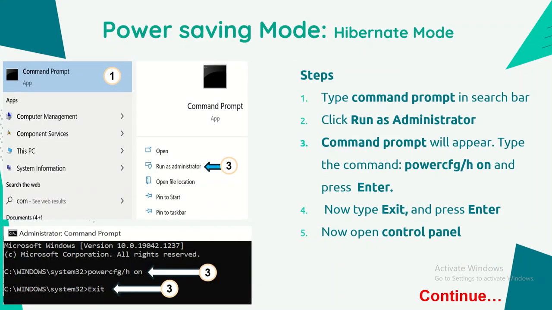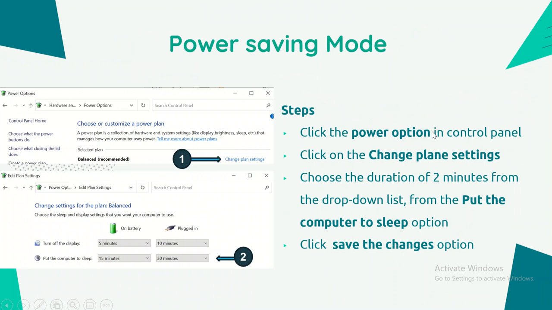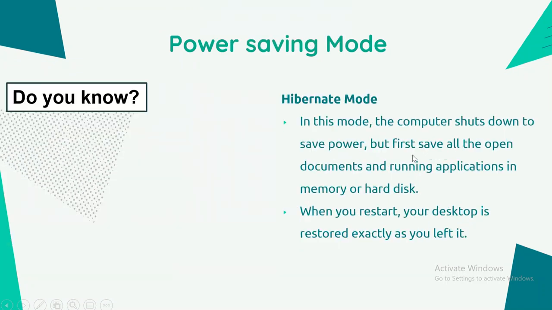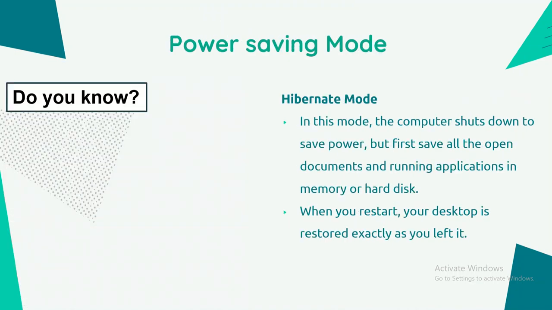The second method is the hibernate method. Now in this method, the computer shuts down to save power, but first it saves all the open documents and running applications in memory or hard drive.